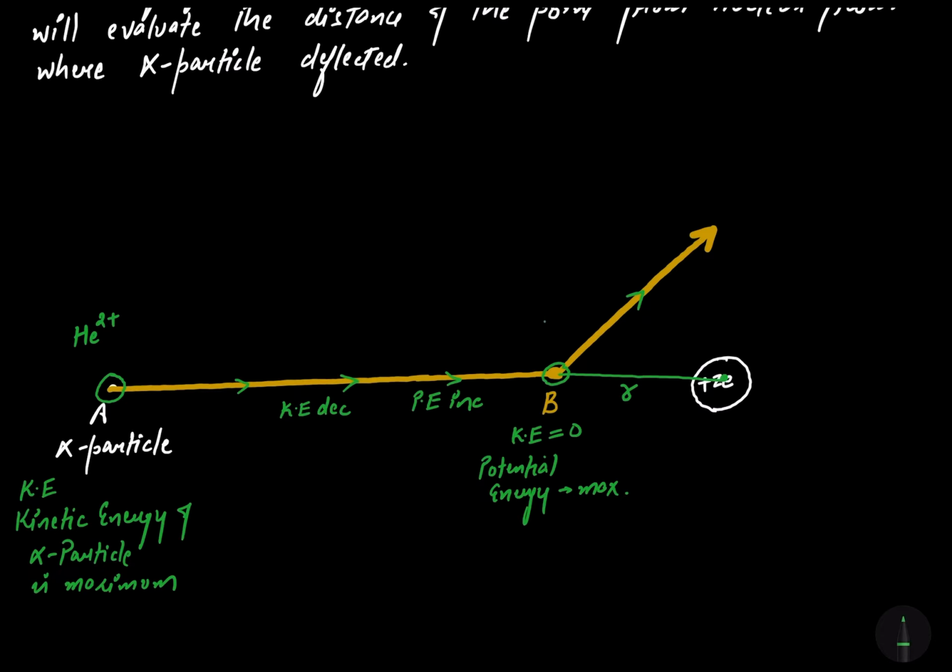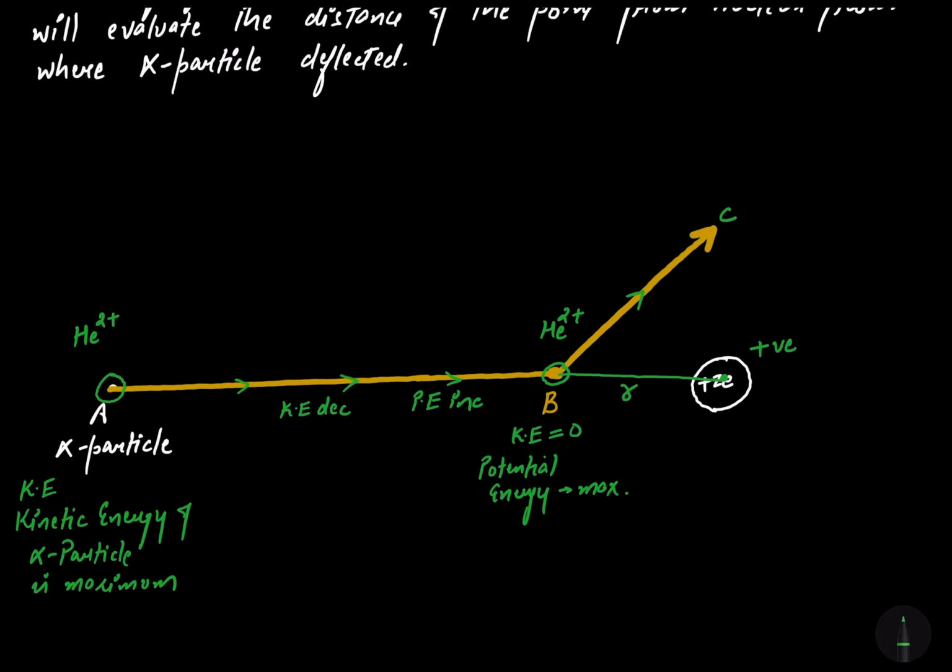When this helium dipositive ion approaches the point B, there will be the repulsive forces between the positive charge of the nucleus and positive charge of the alpha particle to be the maximum. That's why for the fraction of second, alpha particle will stop at point B and will get deflected along the path C.